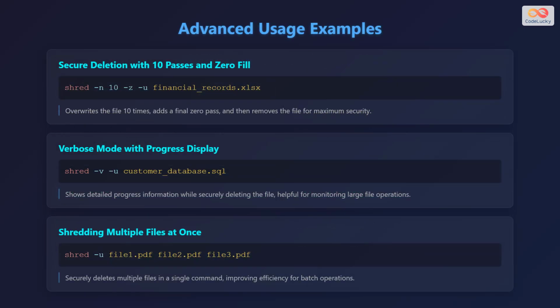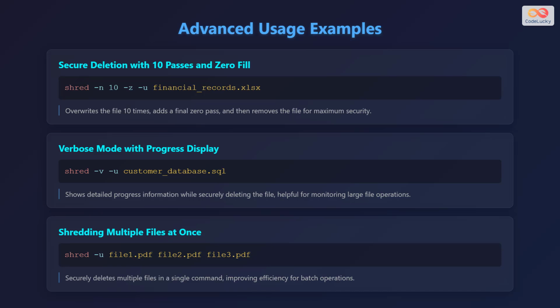Let's look at some more advanced examples of how to use the shred command. To perform a secure deletion with 10 passes and zero fill, you would use the command shred -n 10 -z -u, followed by the file name. This command overwrites the file 10 times, adds a final zero pass, and then removes the file for maximum security. To use verbose mode with progress display, you can type shred -vu, followed by the file name.